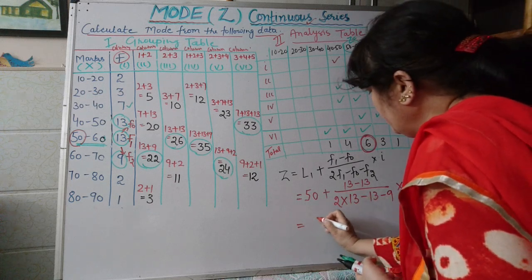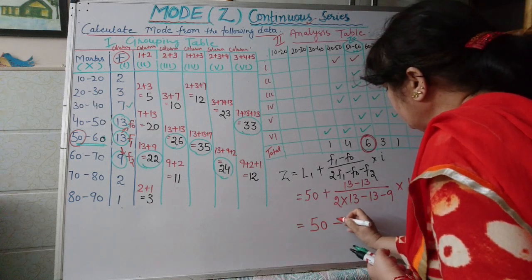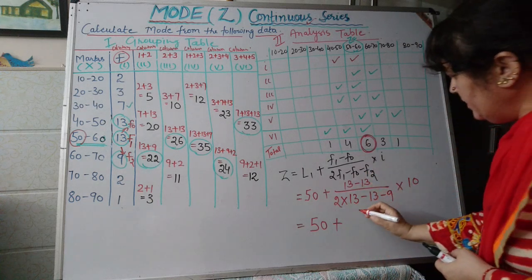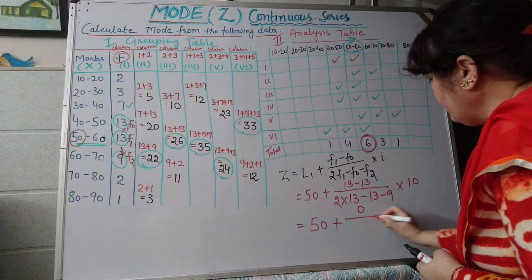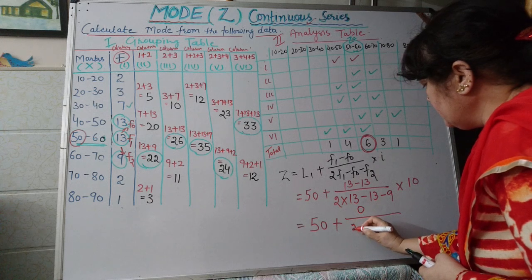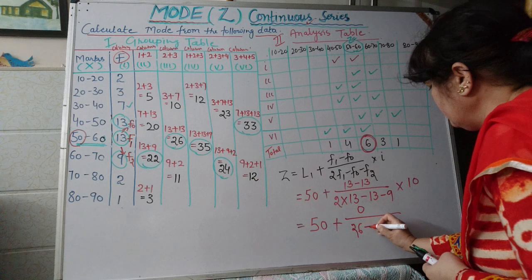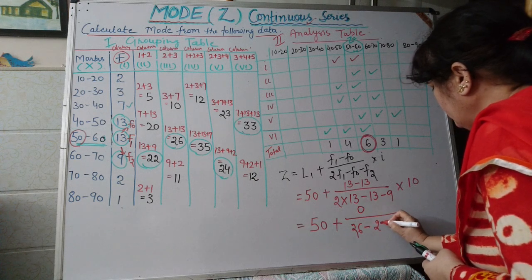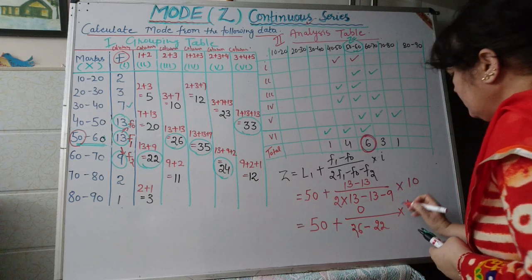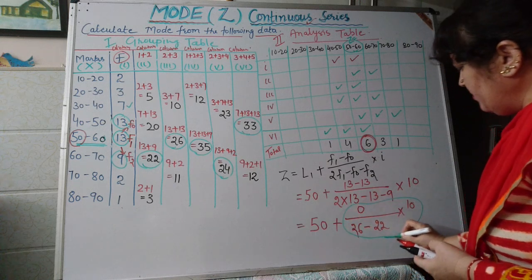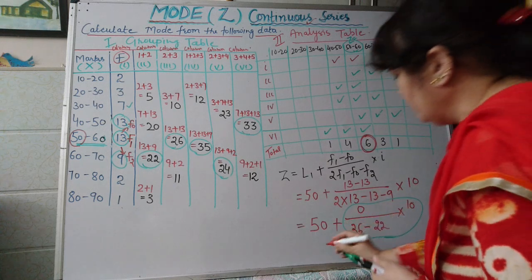So this will be equivalent to 50 plus 13 minus 13, which is 0, divided by 26 minus 22, multiplied by 10. Anything divided or multiplied by 0 is equivalent to 0.